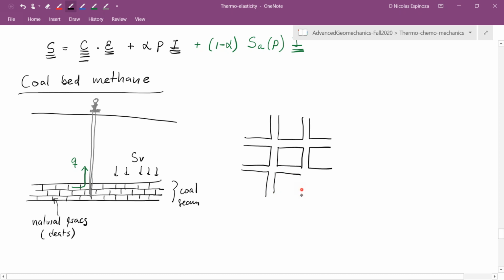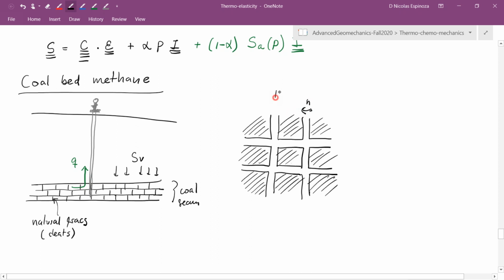The conductivity of the fractures in this fracture medium is going to be proportional to the width of the fractures, where the width of the fracture, let's call it H, is here, and the spacing between the fractures is S. For fractured porous media, and assuming laminar flow, you can calculate that the permeability of that fracture media is going to be proportional to the cube of the thickness of the fractures divided by 12 times the spacing between the fractures.